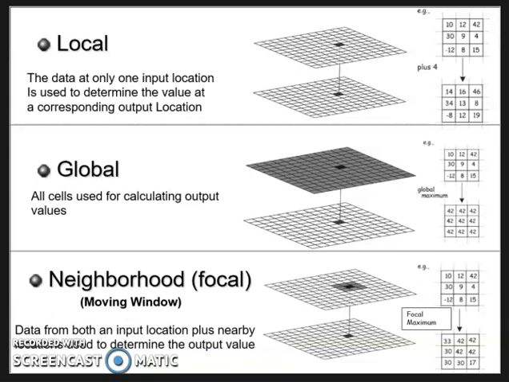And the neighborhood or focal functions use data from both an input location plus nearby locations to determine the output value and is defined by the window. A window is a configuration of raster cells used to specify the input values for an operation. The window is positioned on a given location over the input raster and an operation applied that involves the cells contained in the window. The result of the operation is usually associated with the cell at the center of the window position.